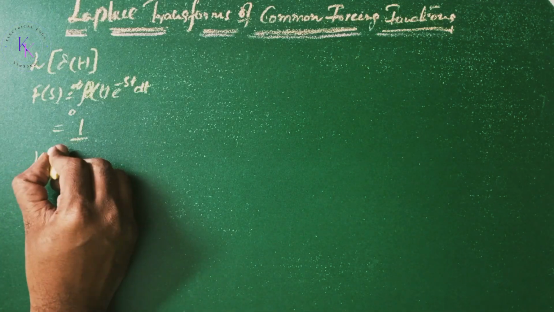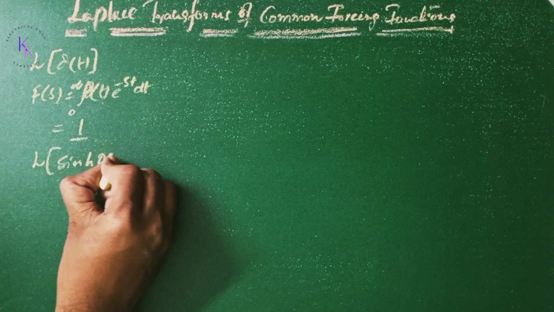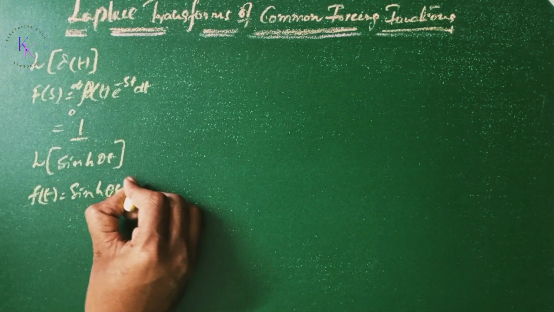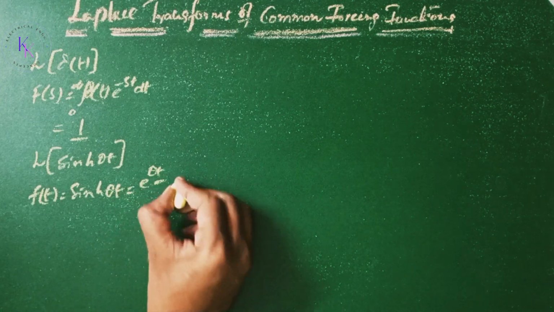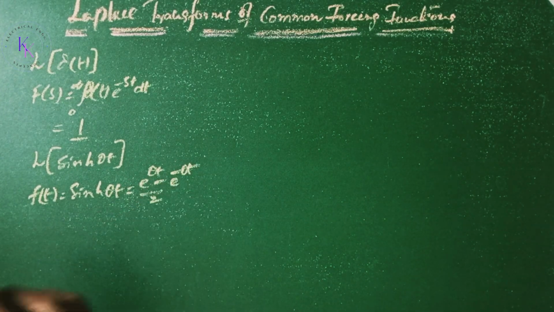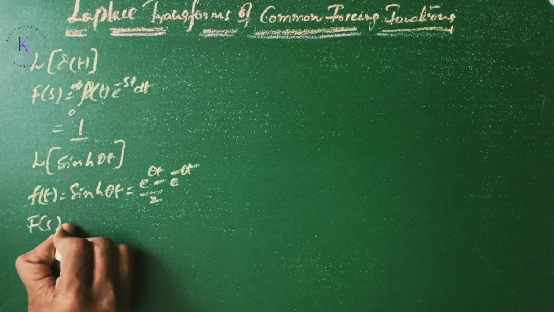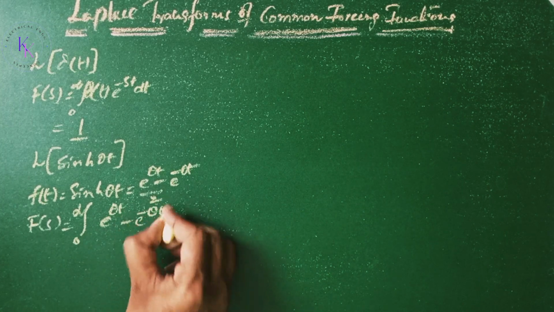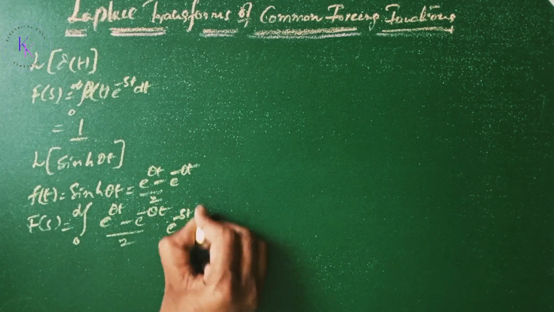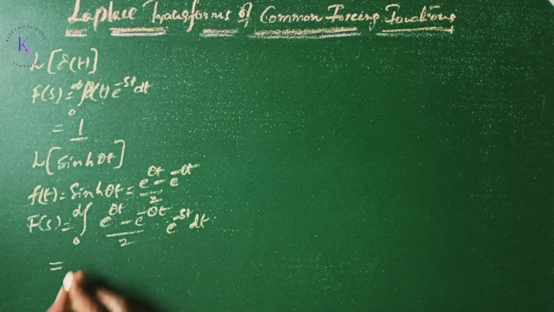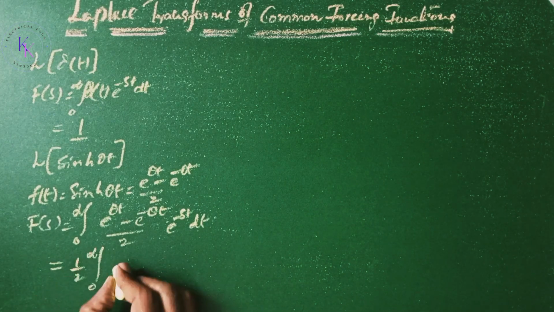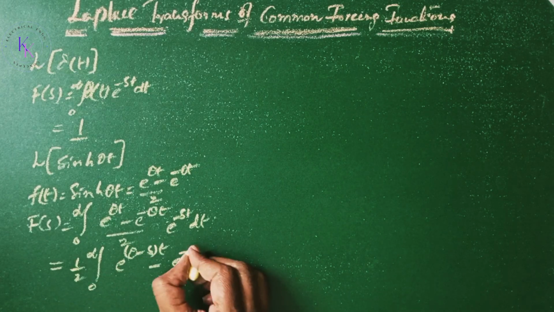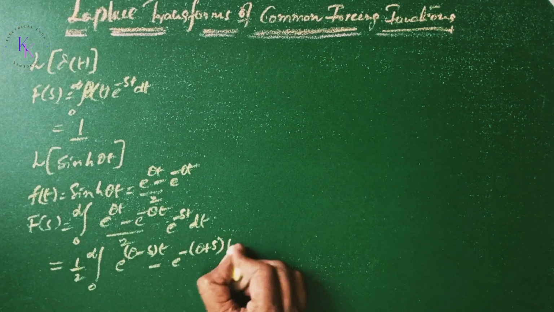Laplace transform of sinh theta t, for which f of t equals sinh theta t, that equals e to the power of theta t minus e to the power of minus theta t by 2. Now f of s equals integral 0 to infinity e to the power of theta t minus e to the power of minus theta t divided by 2 times e power minus st dt. This you can write as 1 by 2 integral 0 to infinity e power theta minus s of t minus e power minus theta plus s of t.